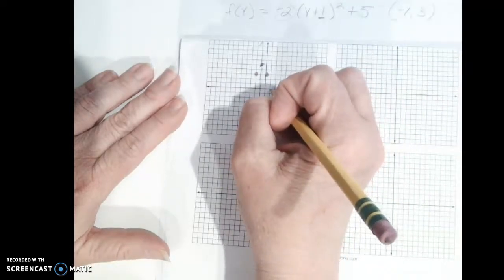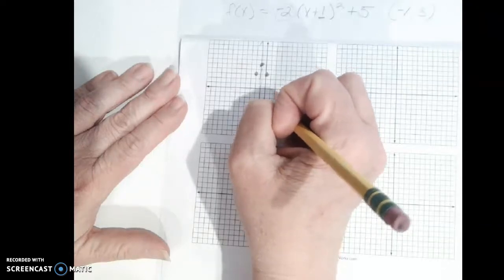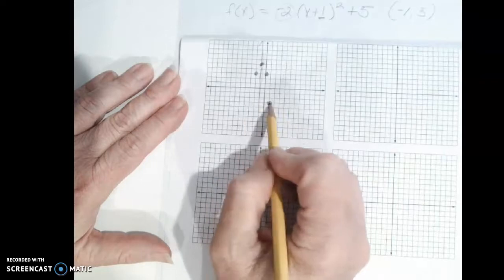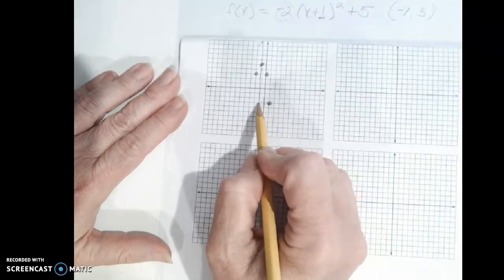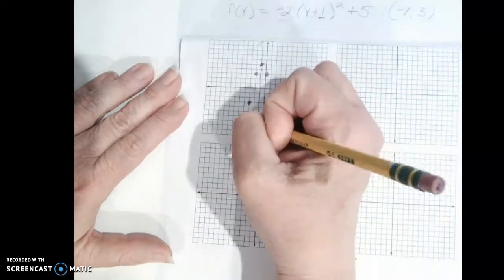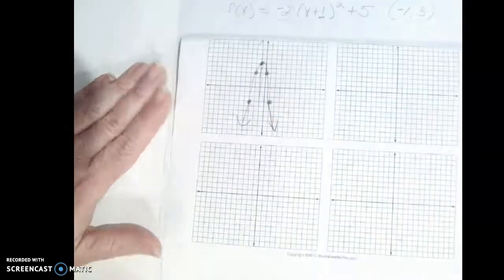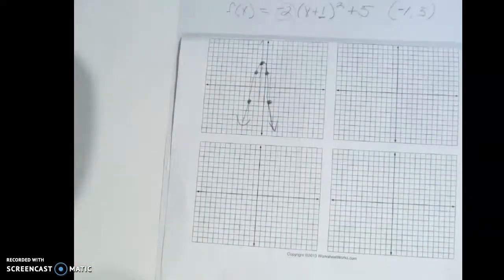So I'm going to graph the point 1, -3. And now, since this is symmetrical, I'm going to count 1, 2 to the axis of symmetry, 1, 2 right here, and I can graph that point, and then I have graphed my graph. So once you remember, find your vertex, you can do it fairly quickly.